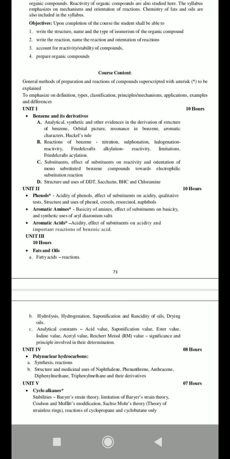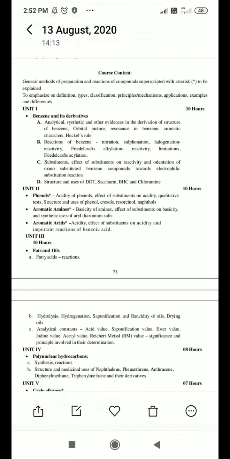I think you all must have heard about BHC powder, that is BHC. Okay, it will also be studied in detail at the time of lecture. And chloramine. Okay, this first unit is for 10 hours. Okay, we will explain in detail step by step so that you understand very well.